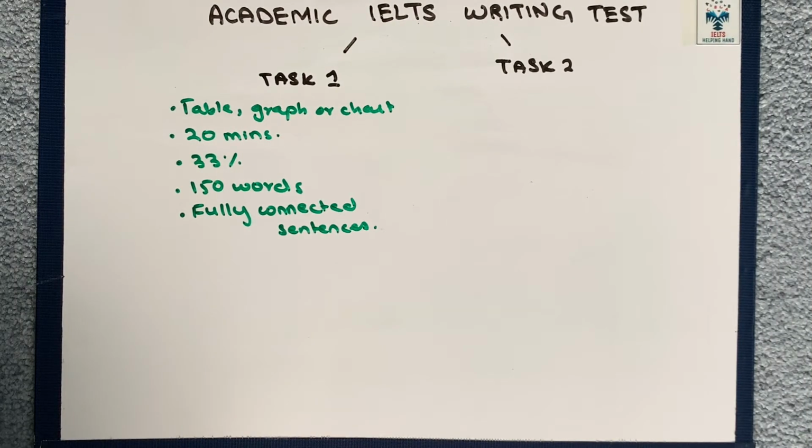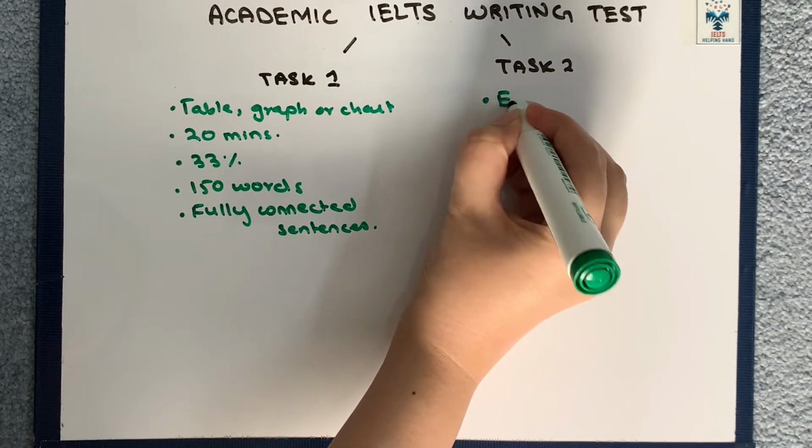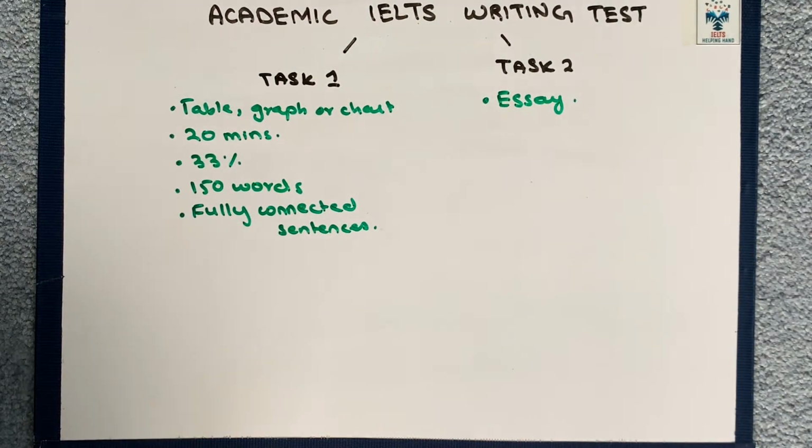In task 2, you will be asked to write an essay in response to a point of view, argument or problem. Write your response in an academic or formal style.